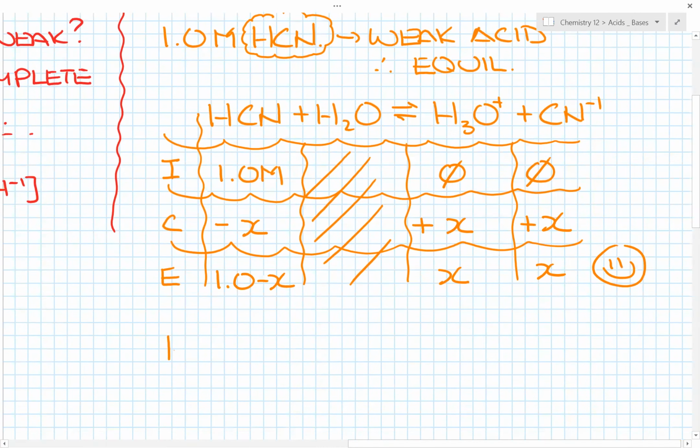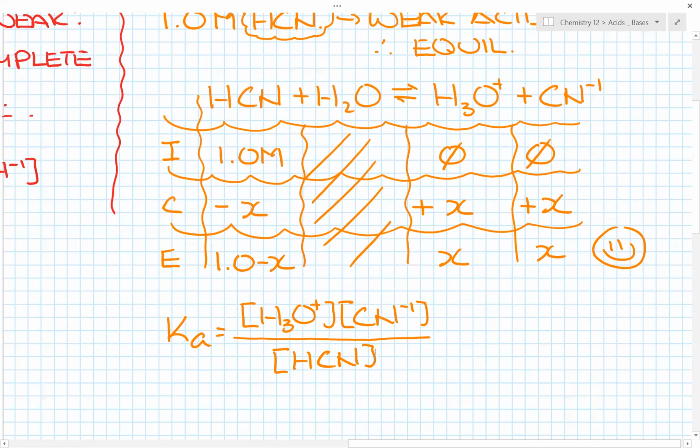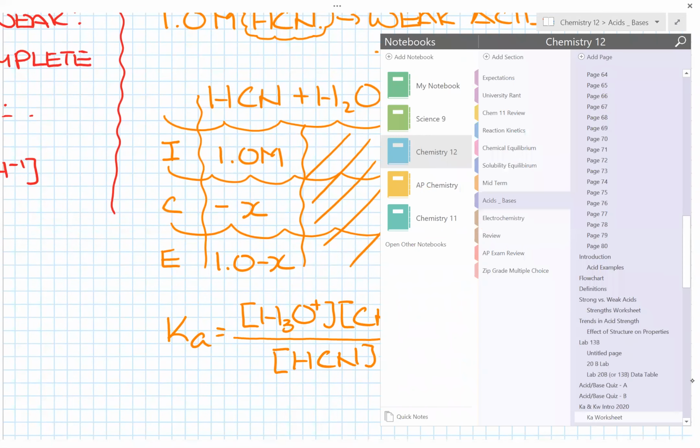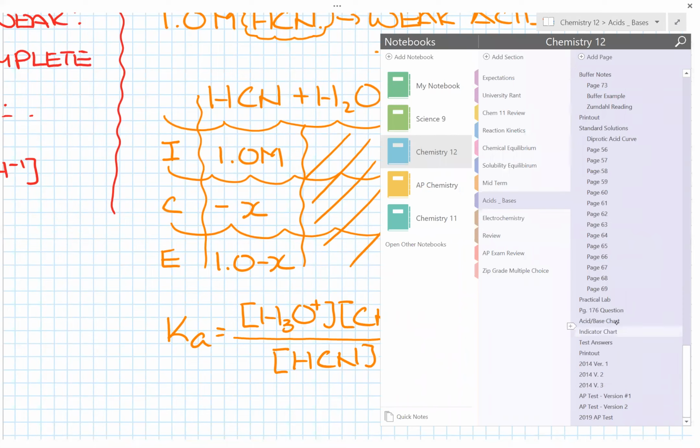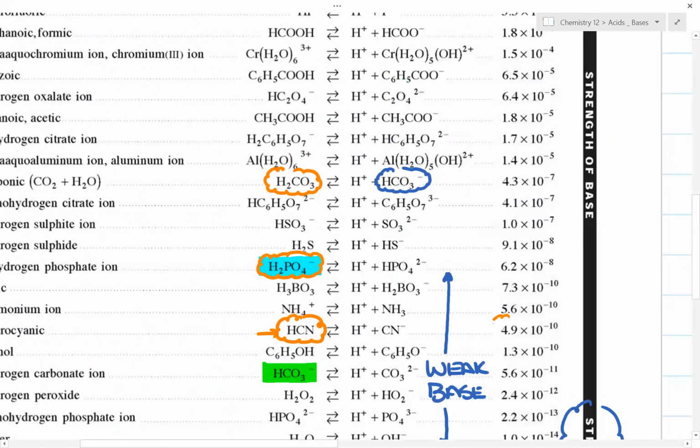So Ka is equal to the concentration of H3O plus, concentration of CN minus, all over the concentration of HCN. Looking at the acid-base chart, we can find the Ka value for HCN, which is 4.9 times 10 to the negative 10.